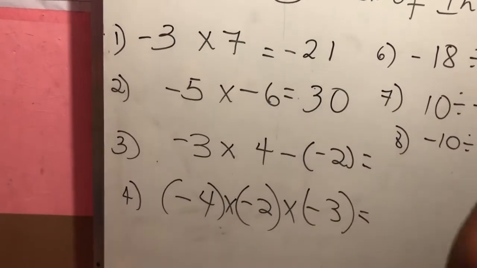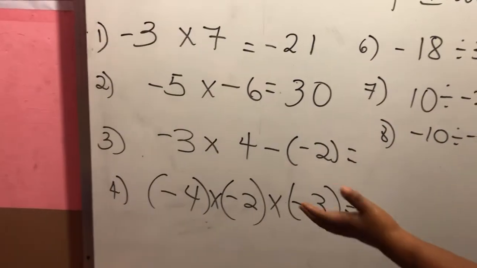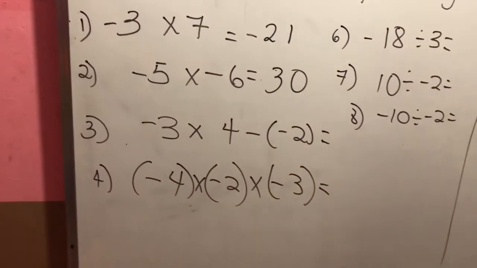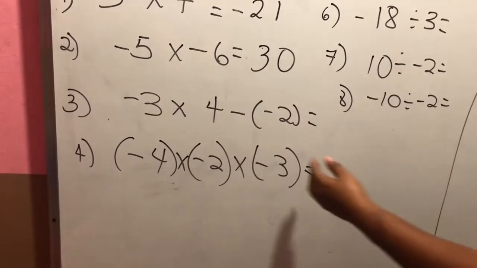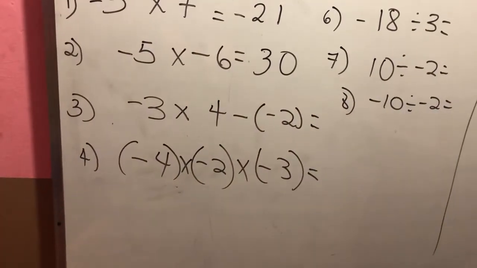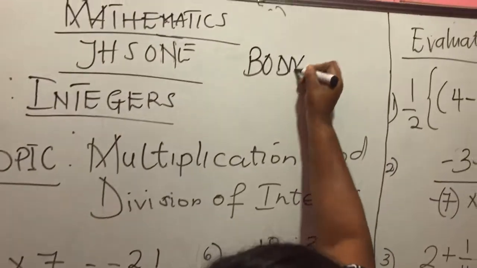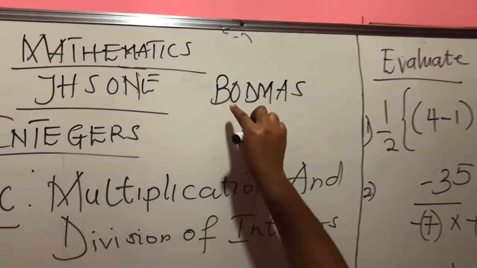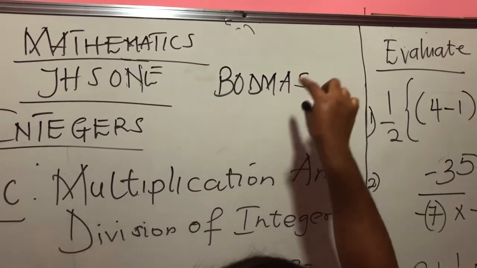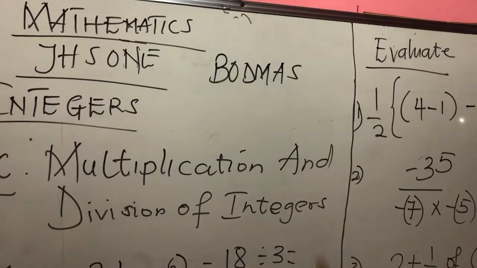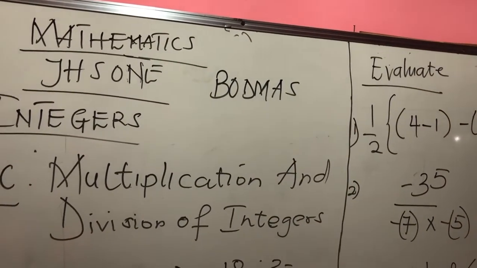Now, let's look here. When you come here, you see multiplication and subtraction, right? So first of all, we have to think of what? BODMAS. I know you know BODMAS. Brackets, division, multiplication, addition and subtraction, right?